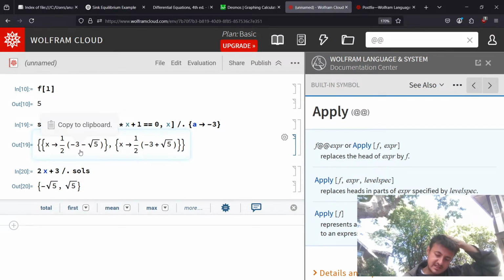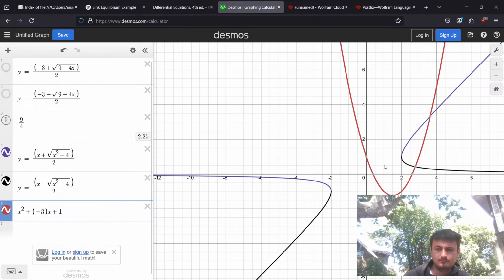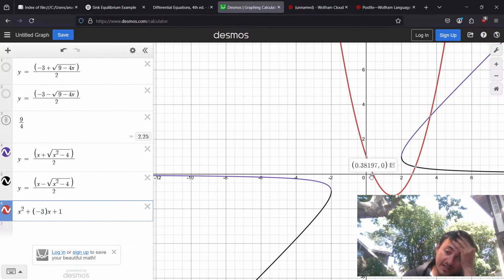Yeah, the plus has a positive sign. So this corresponds to the more negative solution.